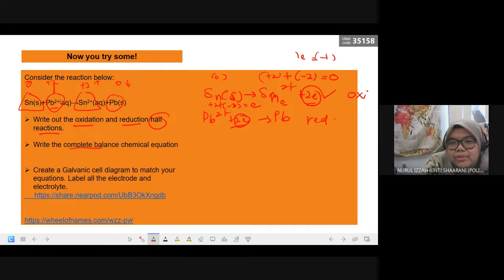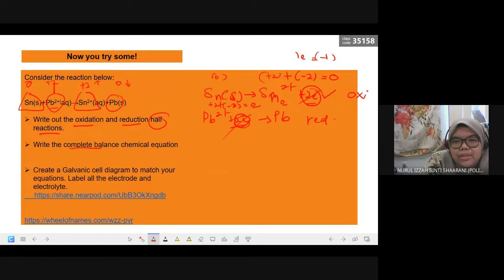Dia tak boleh kalau Sn nak release 1 electron sahaja tapi Pb kena gain 2. Okay. So dia tak boleh macam tu. Sama ada 1 atau 2 ni depends on charge dia nak balance. So apa yang di-release must be gained by another electrode tu. So sekarang ni dah release, dah gain.